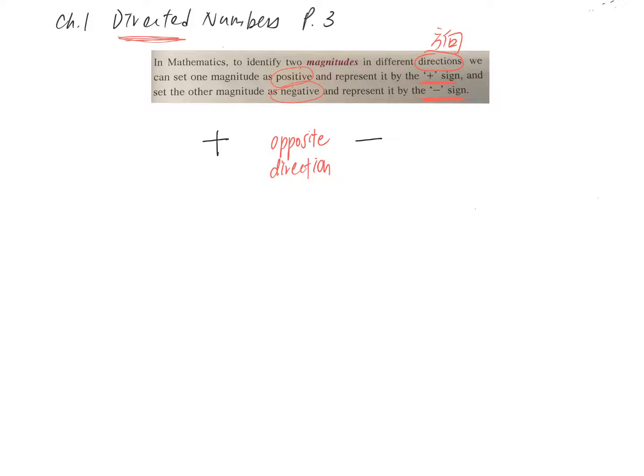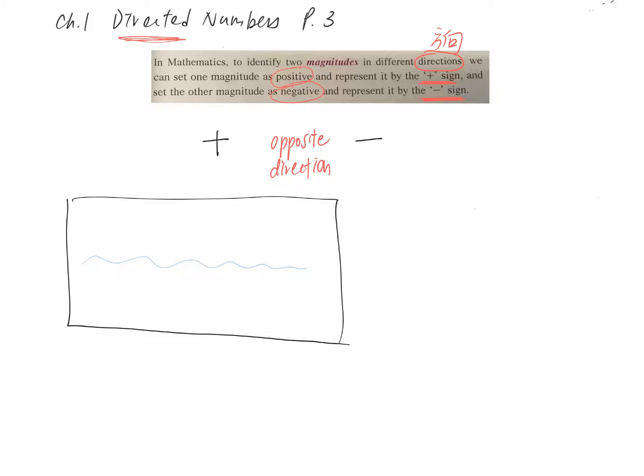In our daily life, I have two examples here. First, let's say I have sea level, a wave. This is the sea level. So in this case, I have some fishes.